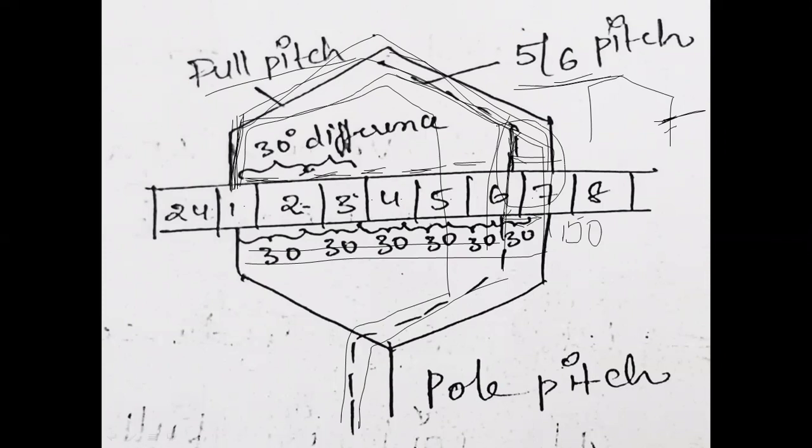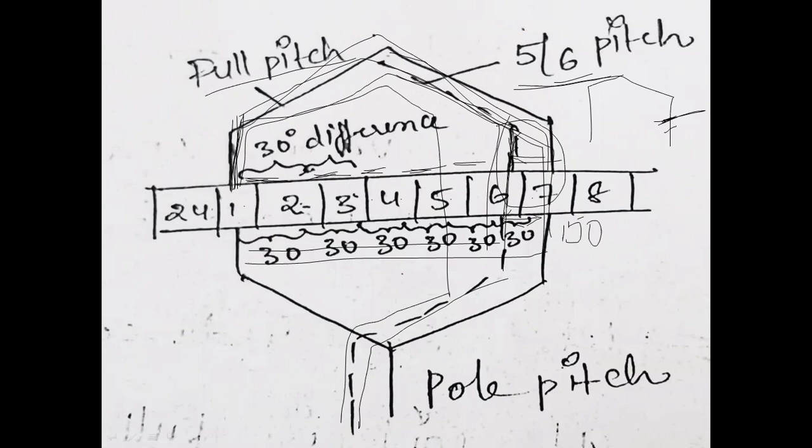Okay, so we are saving the copper of end connections. The second advantage is they improve the waveform of the generated EMF, that is, the generated EMF is made approximate to the sine wave more easily. If you connect in full pitch, you get disturbances of harmonics, and these harmonics can reduce the voltage.